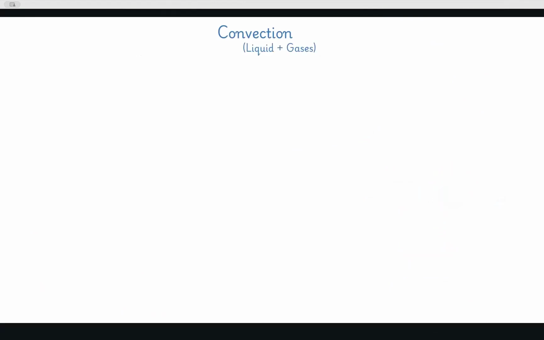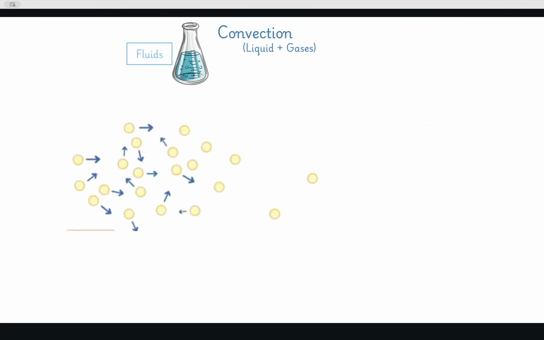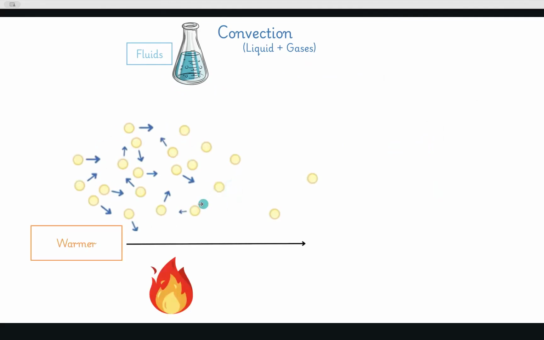So convection only occurs in liquids and gases, so it occurs in all fluids. Fluids can include liquids and gases. Usually we think fluids are only liquids, but it can be liquids and gases. Now, let's say you've got particles looking like this. By the process of diffusion, when you heat them, they will generally move away from the warmer area to the cooler area.